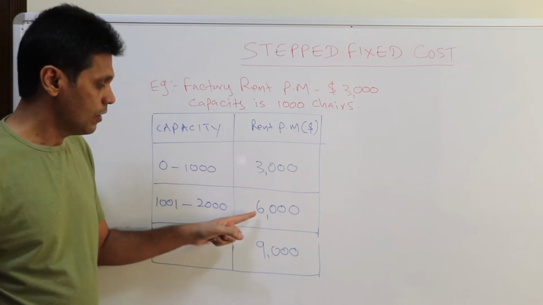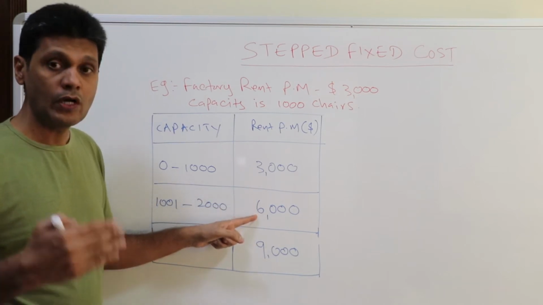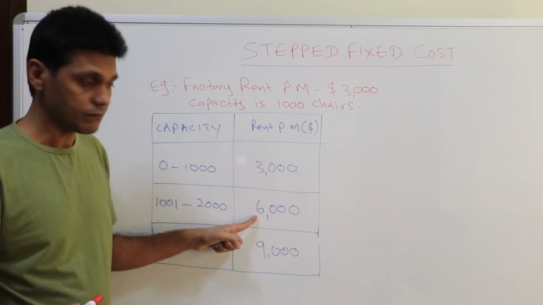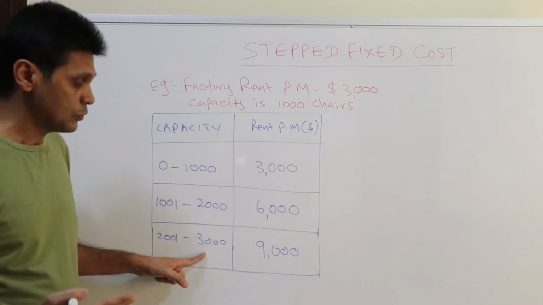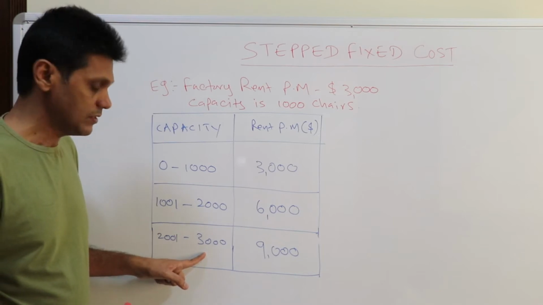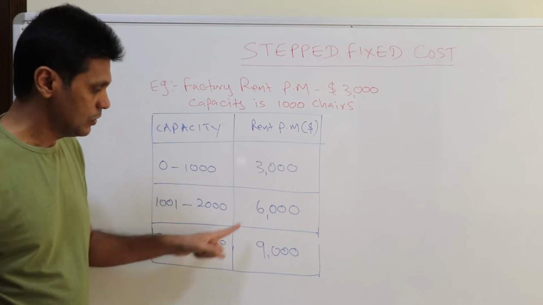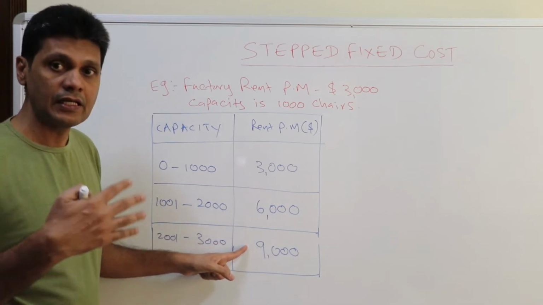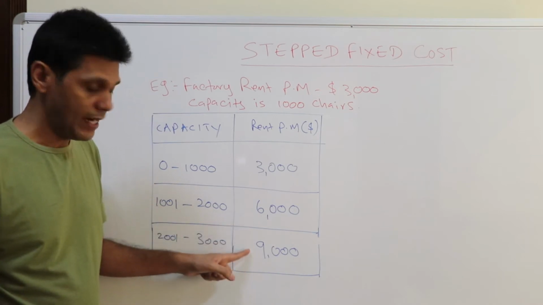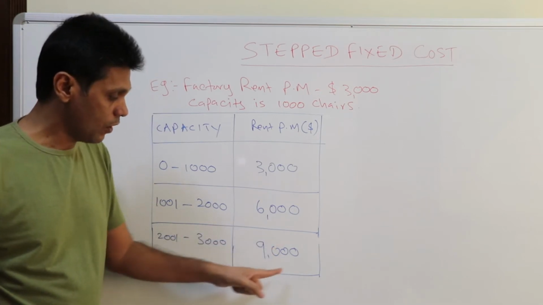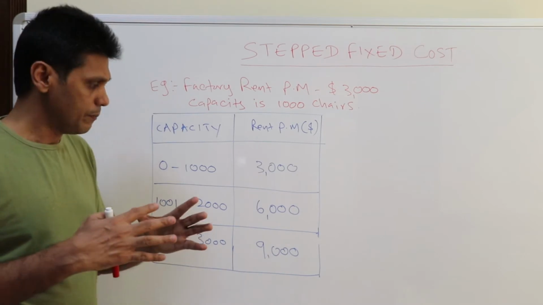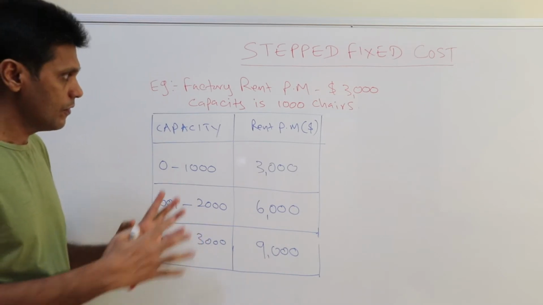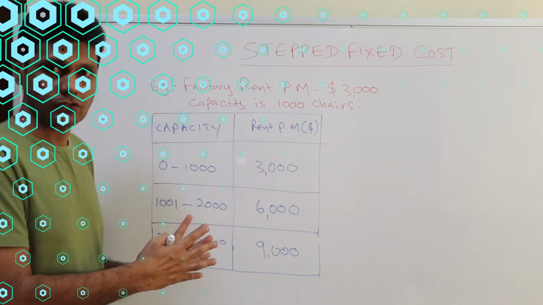So the cost will increase to 6,000 per month. Beyond 2,000 up to 3,000, they need an additional facility, which will further increase the fixed cost by an additional 3,000, so the total will be 9,000. This is the basic pattern of the step fixed cost.